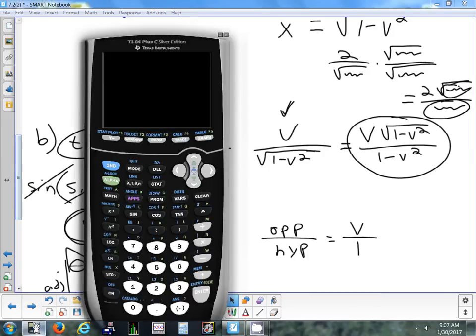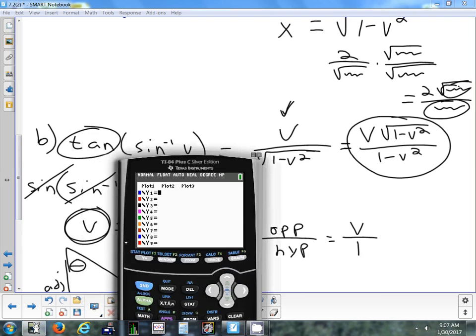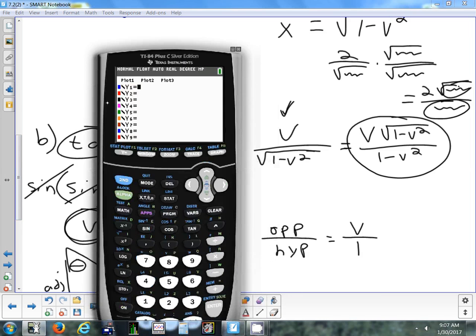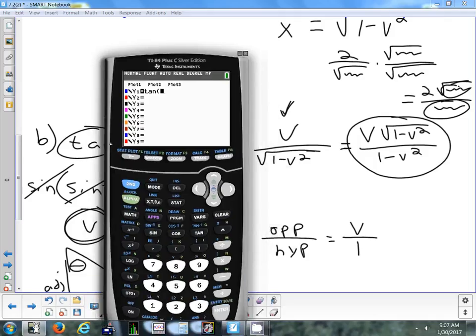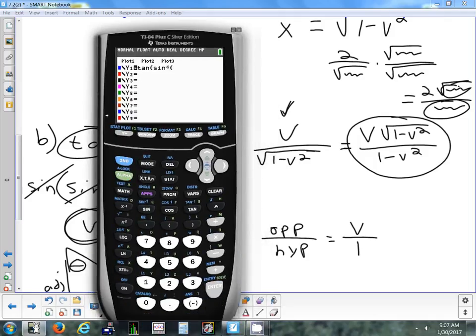Another way you can check your answer is to graph it. Graph the original problem: tangent of inverse sine of x. Now graph what you think is the final answer: x, square root of 1 minus x squared, and then you have to get outside the root and divide by 1 minus x squared.